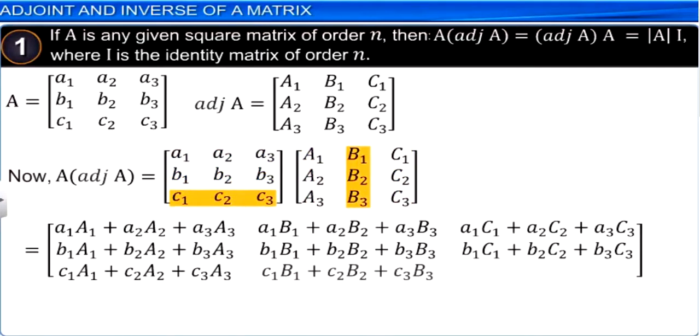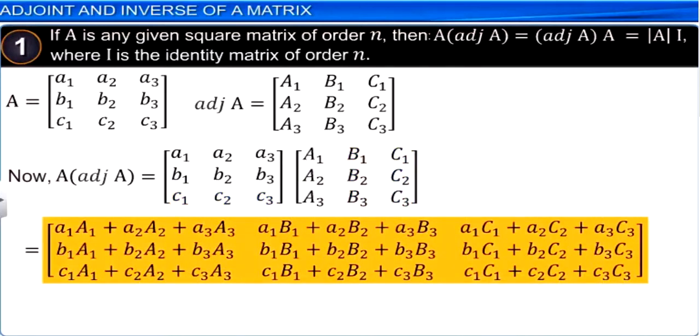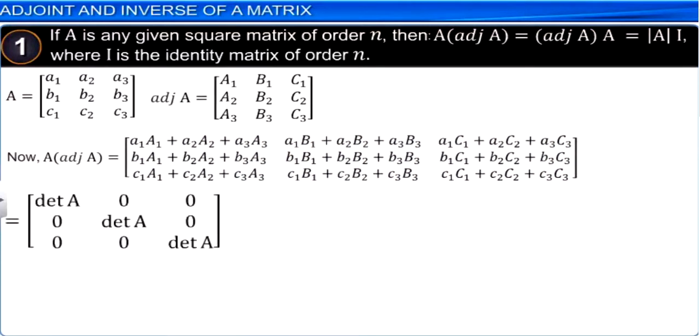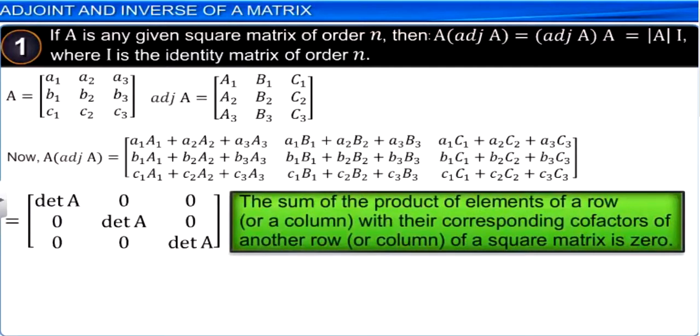The resultant matrix is as shown. This is equal to a diagonal matrix with each diagonal element equal to the determinant of A. This is because the sum of the product of the elements of a row or a column with the corresponding cofactors of another row or column of a square matrix is 0.